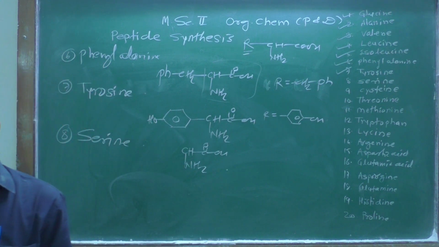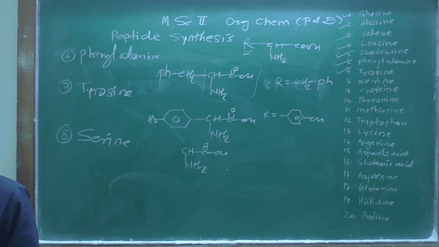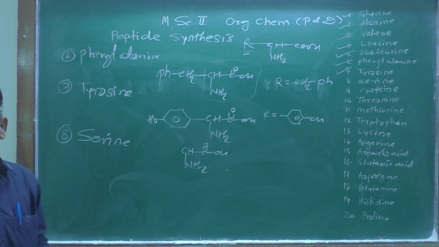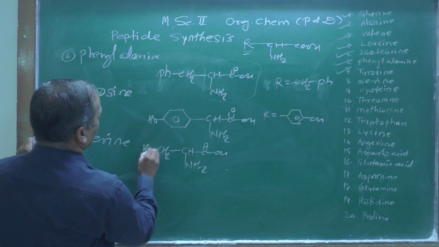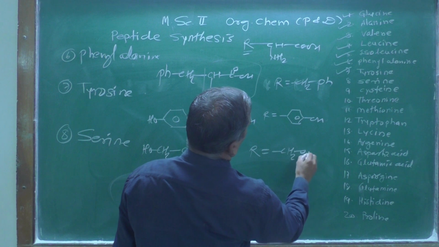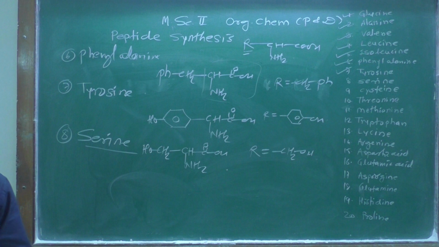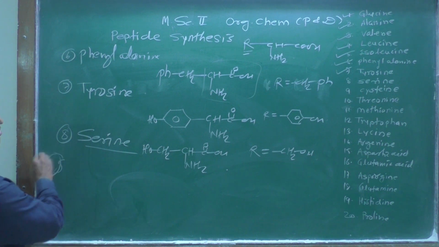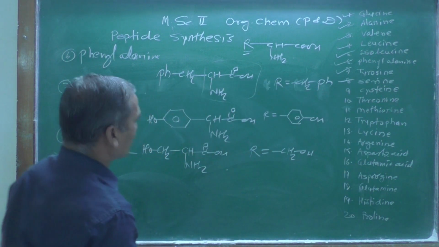The R group for serine is just CH2 and an OH group, where R is equal to CH2OH, and that's why it is called serine.